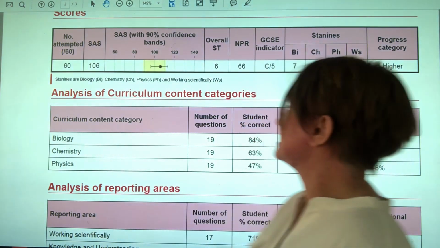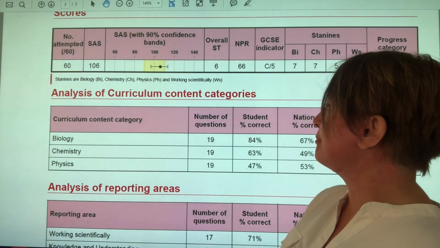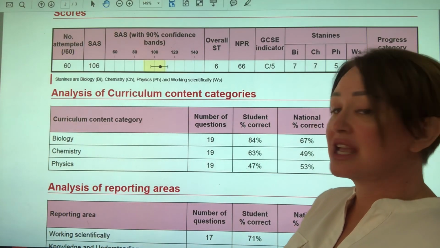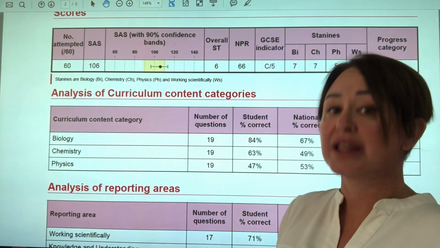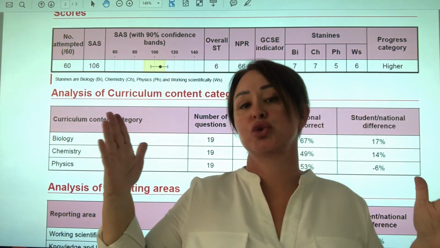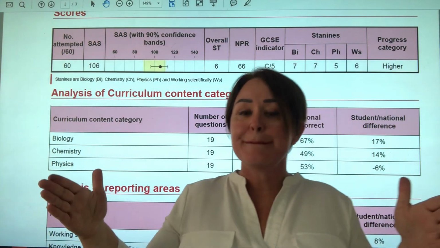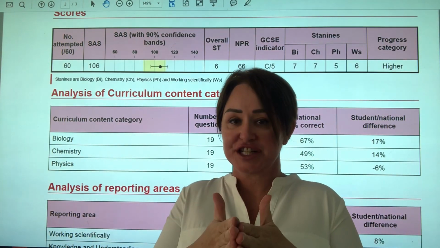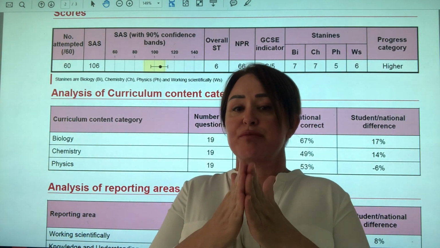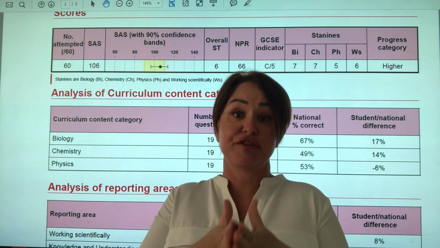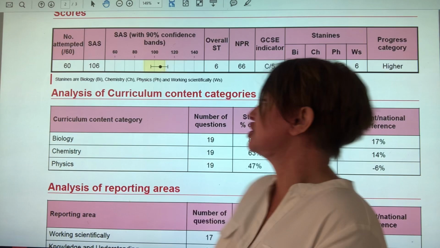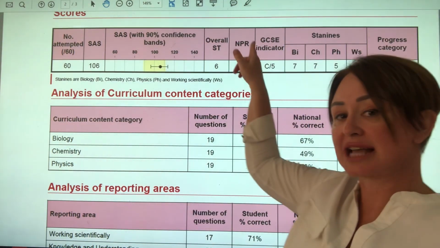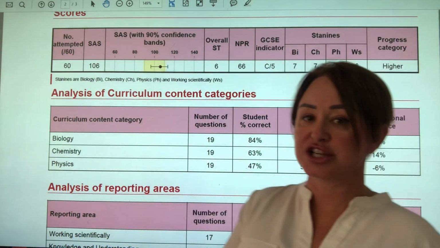Obviously this child is in a band 6. The national percentile ranking goes from 0 to 100. The mean is 50. So if you are above 50, you are above average. And if you're below 50, you're below average. So national percentile ranking, again compared to the UK.